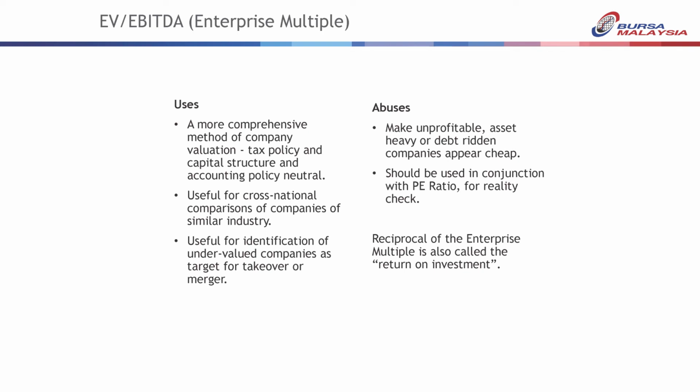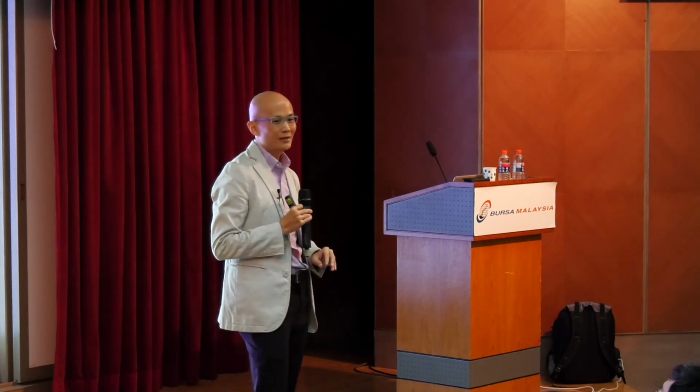PE doesn't look at the whole picture. This one does look at the whole picture more accurately. And the reciprocal of the enterprise multiple is also sometimes referred to as return on investment. EBITDA over enterprise value is return on investment.